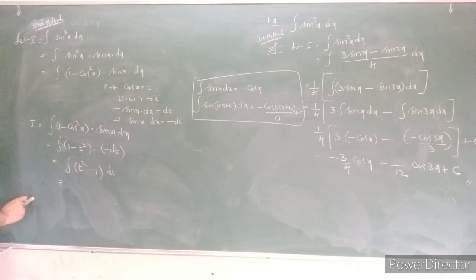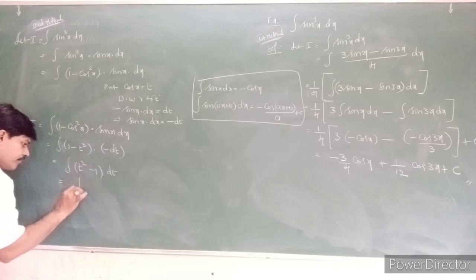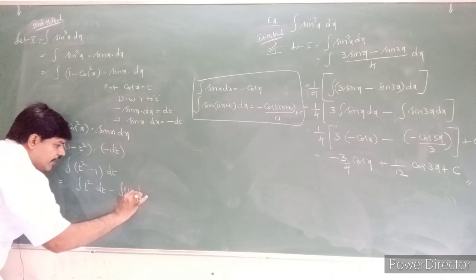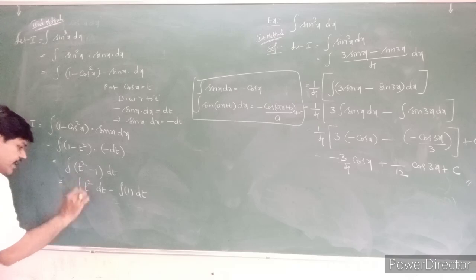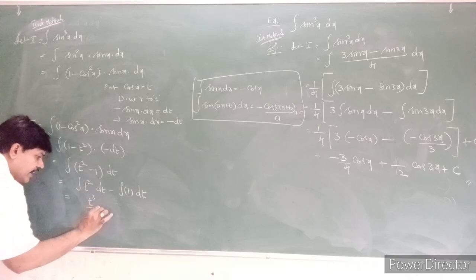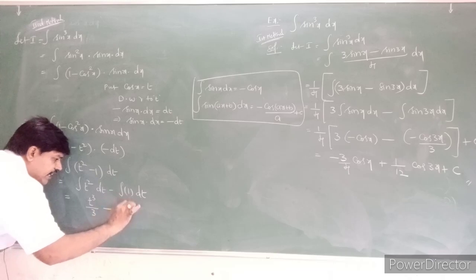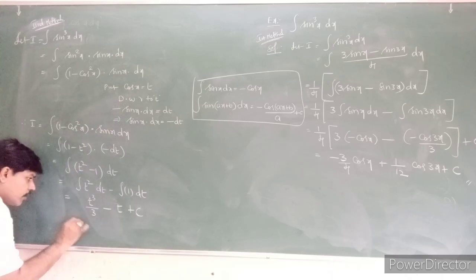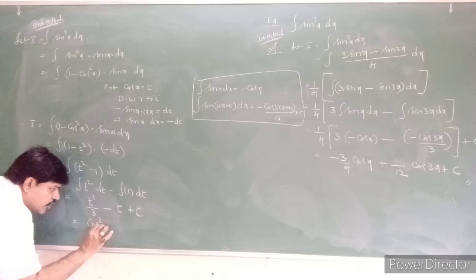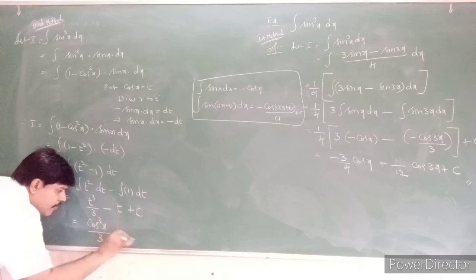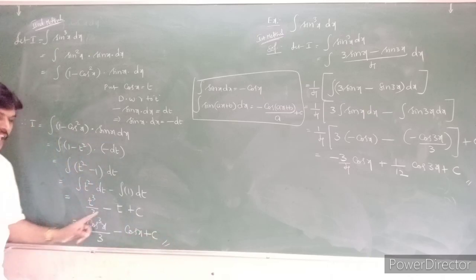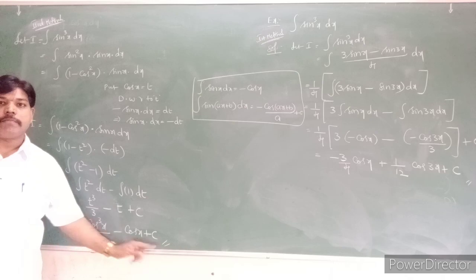So that is equal to the integral of t square into dt minus the integral of 1 into dt. The integral of t square is t cube by 3, minus the integral of 1 is t, plus c. What is the t value? The t value is nothing but cos x. So the problem becomes cos cube x by 3 minus cos x plus c.